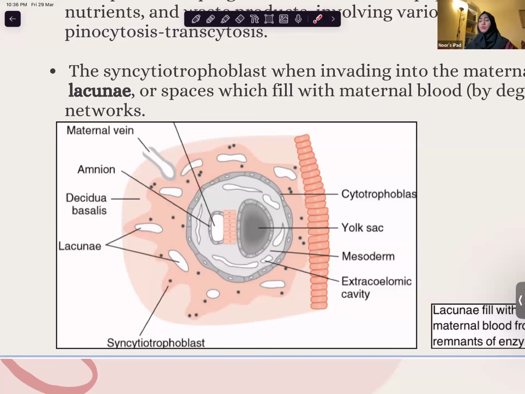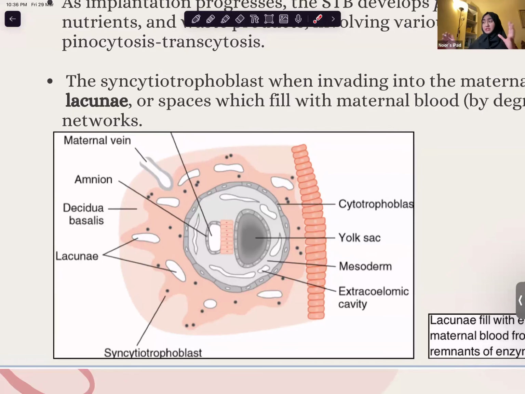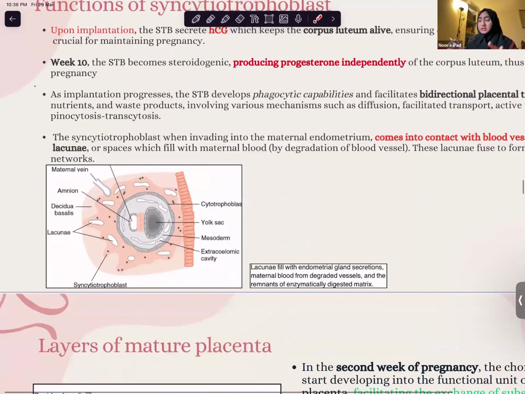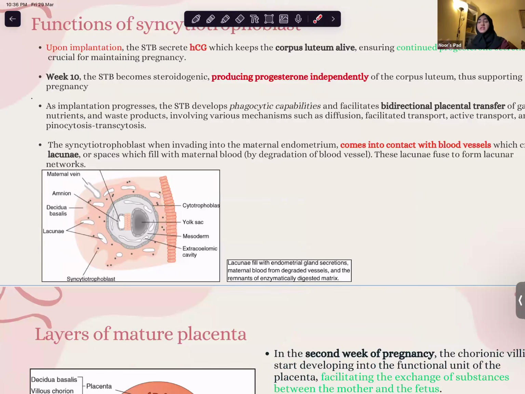The reason it phagocytoses is because it needs to be implanted, right? So when it tries to enter and phagocytose, it comes here and eats up the maternal vein. The moment there's degradation of that vein or blood vessel, it forms a structure called the lacunae.